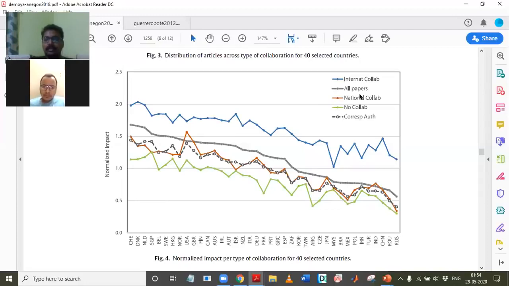And if you see this reddish line, this is for the national collaborators. The papers published with national collaborations did a little better than the no collaboration papers. Here you can see the average citation was somewhere around, and it keeps declining as we go on through these different countries.